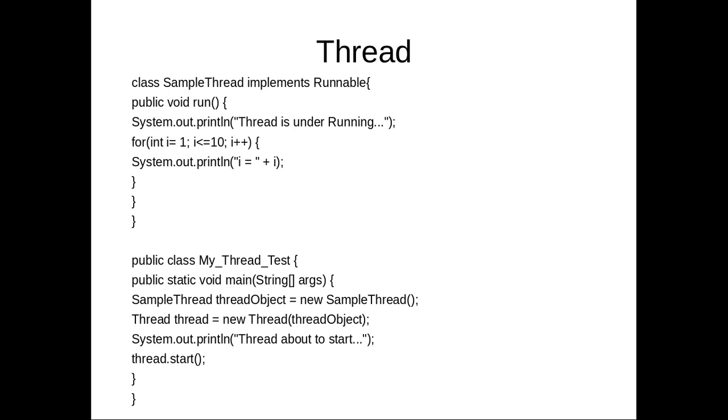Now you create a Thread object which references your SampleThread object: Thread thread = new Thread, passing the earlier created object as the parameter of the constructor. Now you have to call thread.start.